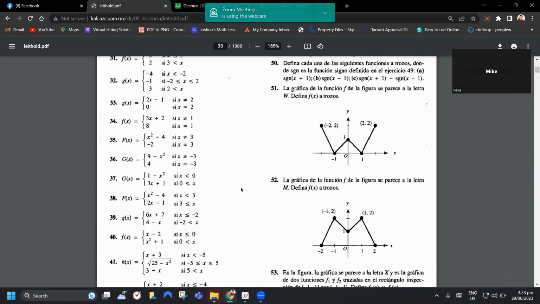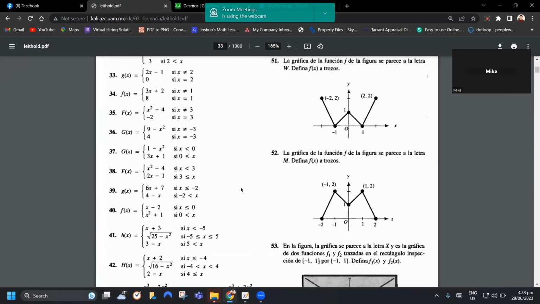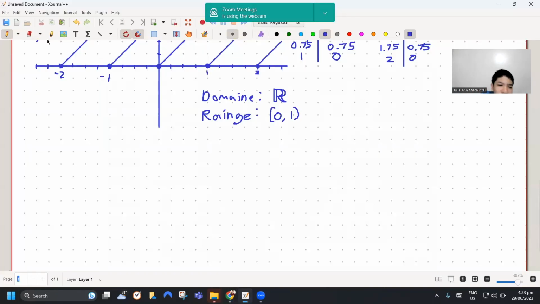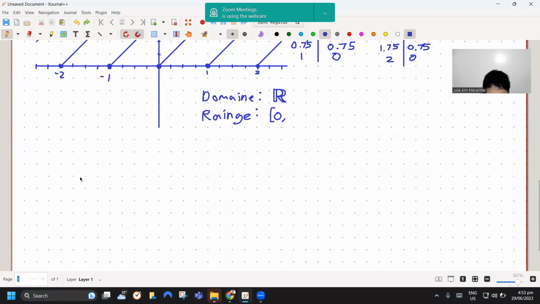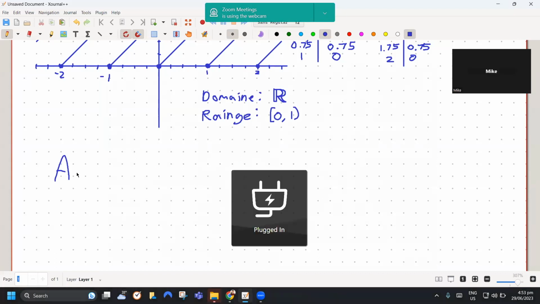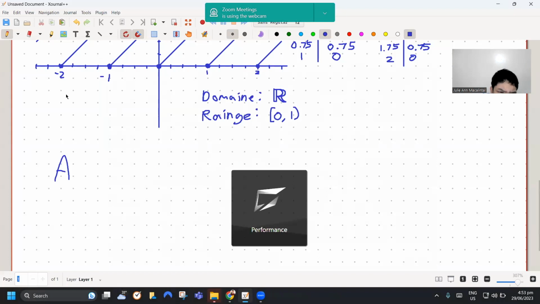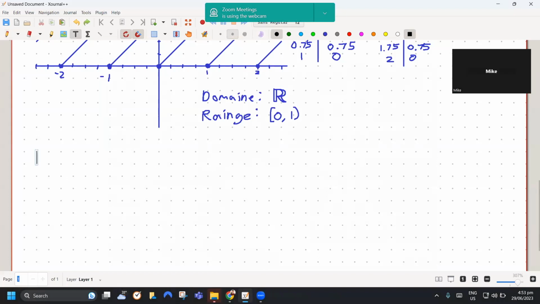May mga letters ba na hindi pwedeng i-define as a function? Teka lang. Lagay ko lang po lahat ng letters. Capital letters. Doon ko mag-focus. I think type mo na lang.